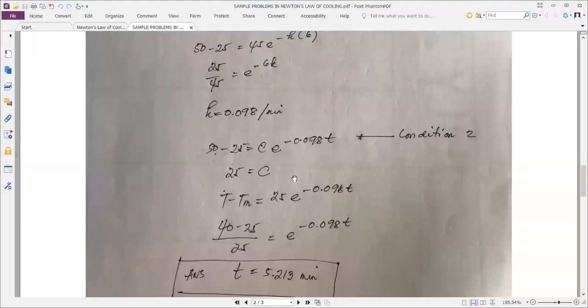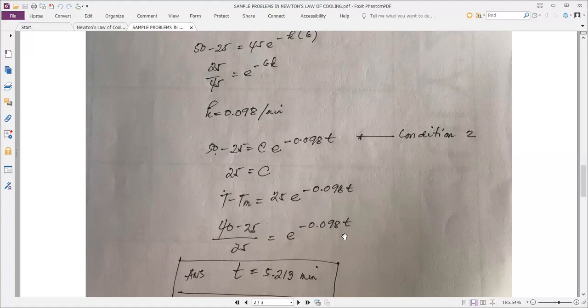It is not even dependent on the surrounding medium where it is located. So meaning if this oil is cooling down in the Philippines or if this oil is cooling down in London, the K is still fixed because it's a property of the material. So I don't change the K because it's still the same wherever my object is located. So I still use the same value for the K.